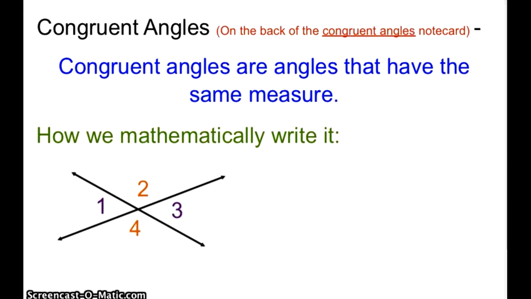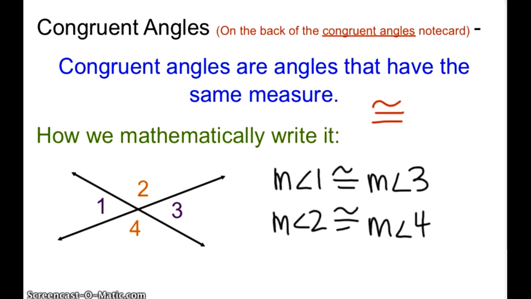The next note card, congruent angles. Congruent angles are angles that have the same measure. So how do we write this mathematically? We need to write an M in front of the angle. And we also have a special symbol, and it looks like this. This means congruent. So if you have an equal sign with a swoopy on top, that means congruent to. So the measure of angle 1 is congruent to the measure of angle 3.